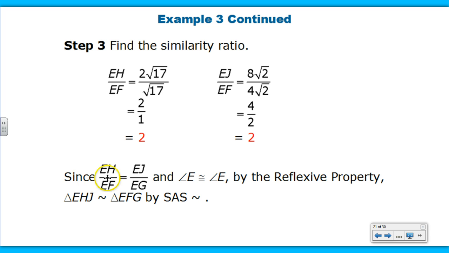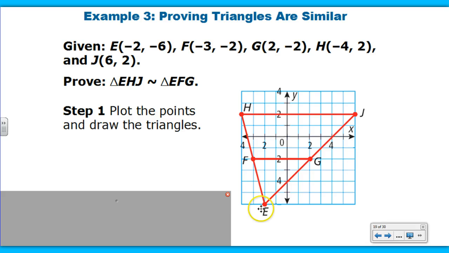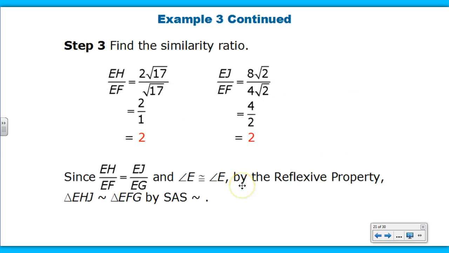So we can say, since this proportion equals this proportion, angle E must be congruent to angle E. We also know that angle EHJ is congruent to angle EFG. And so by SAS, we have our SAS similarity theorem.